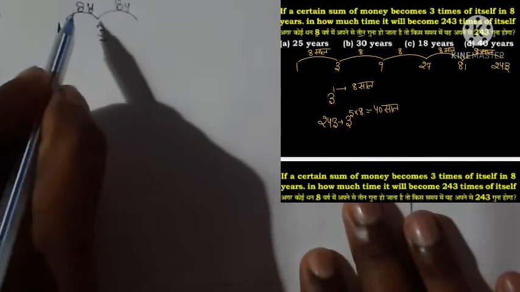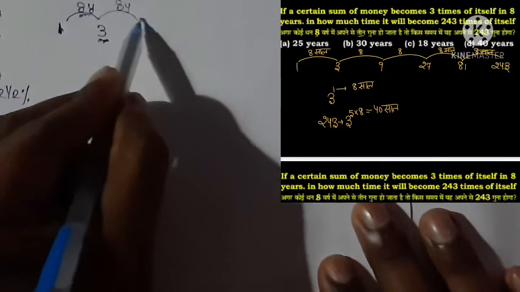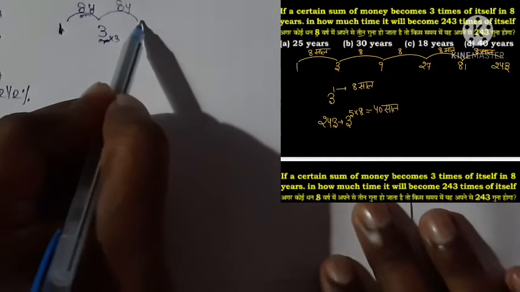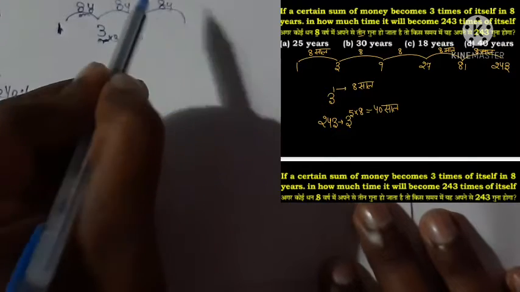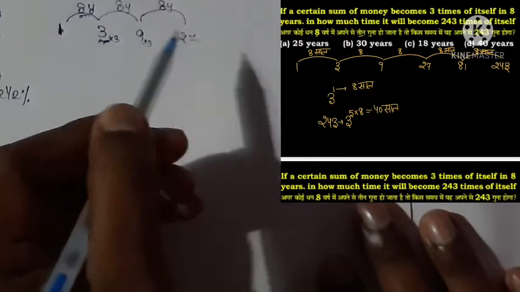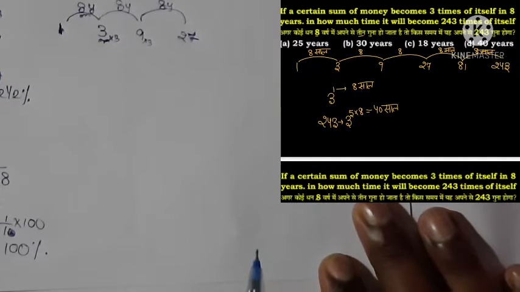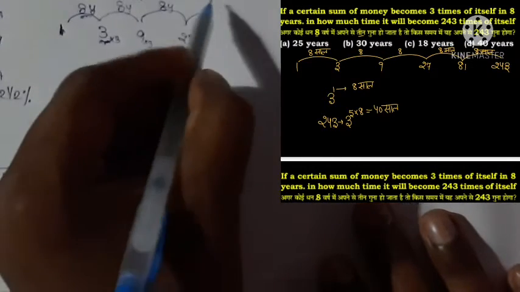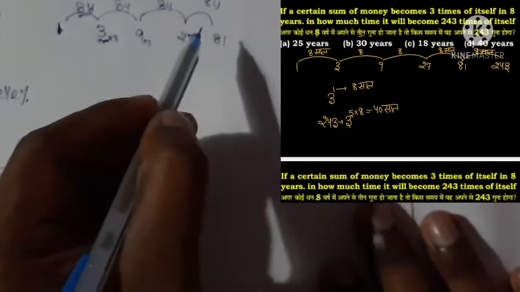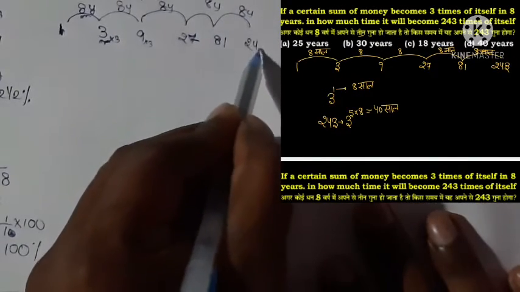Now, a principal is 1 and becomes 3 times of itself in 8 years. So the principal is 1, after 8 years it is 3. After another 8 years, 3 times of itself is 9. After another 8 years, it is 27. After another 8 years, it is 81. After another 8 years, it is 243.